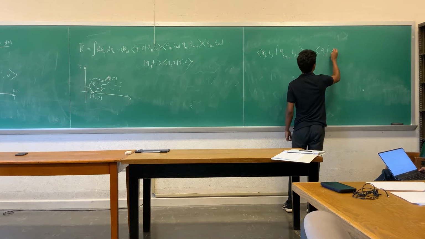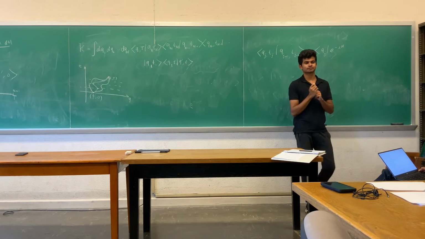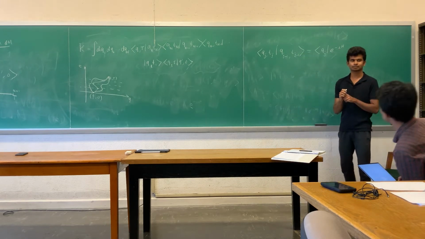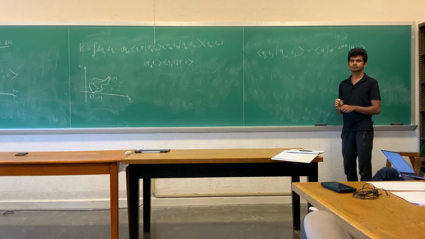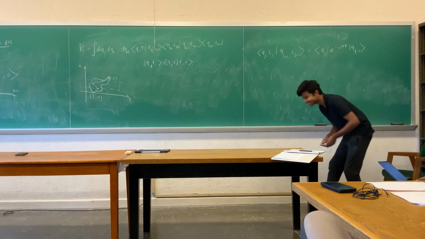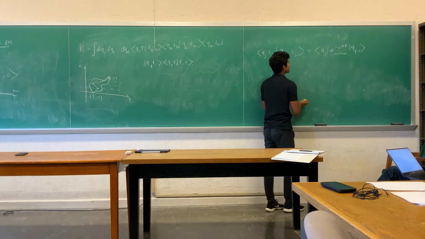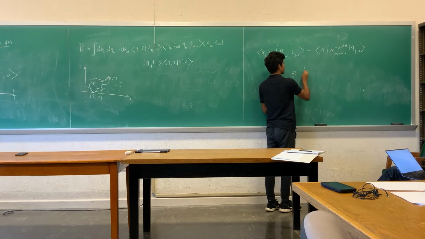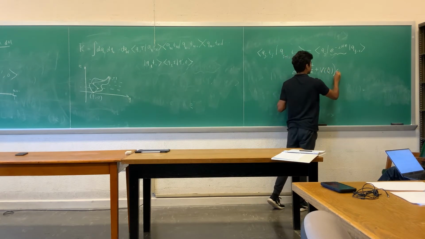Q_j, epsilon. Is that okay? Now, what is this term? It is p squared by 2m plus V(q), times epsilon, right?